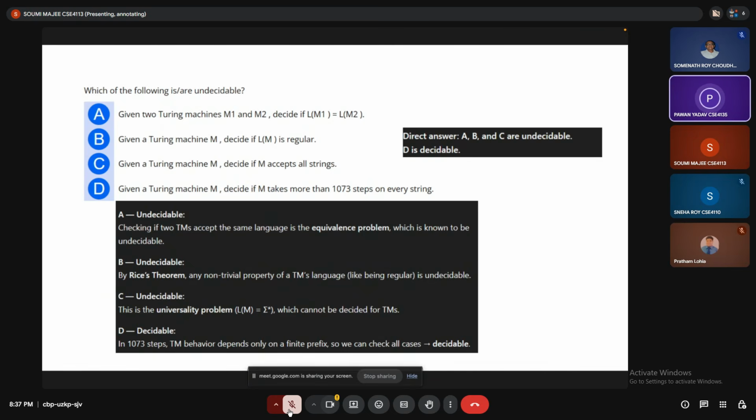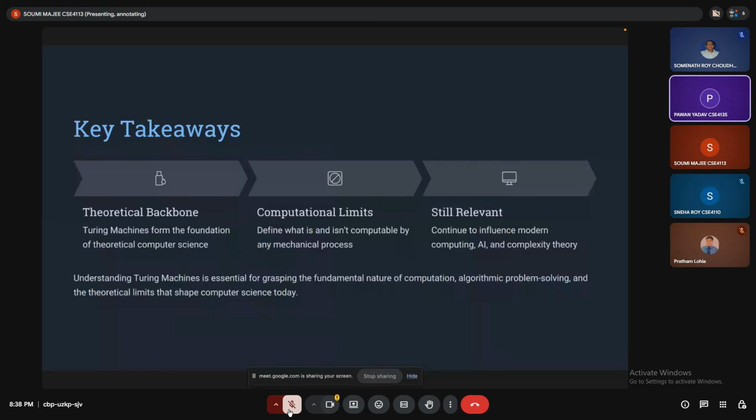C is also undecidable because of the universality problem. D is decidable because within 1073 steps, the TM behavior depends on a finite prefix. So we can check all these cases. Next slide. The key takeaways are theoretical backbone, computational limits, and still relevant. Next slide.